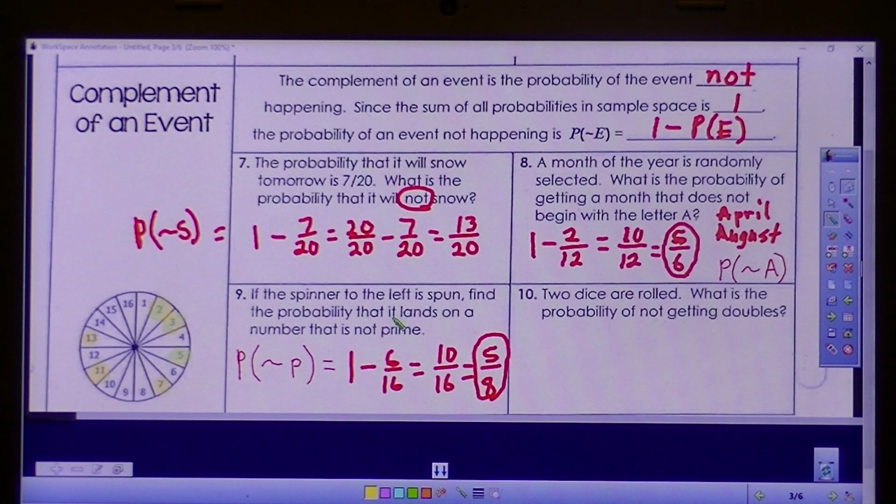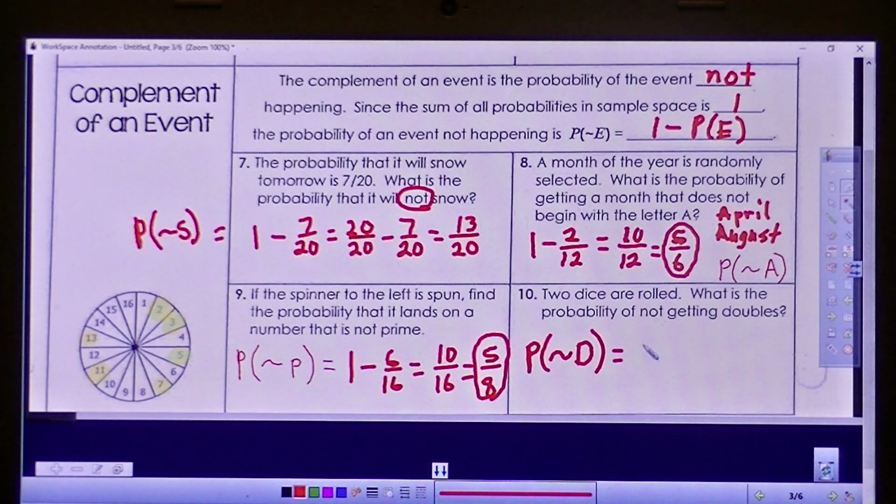Okay, so change it back to a pencil. So we're looking for the probability of not being doubles, right? And so that would be 1 minus, so we said 6 out of 36 would give you doubles. And so whatever is left should give you the other number.